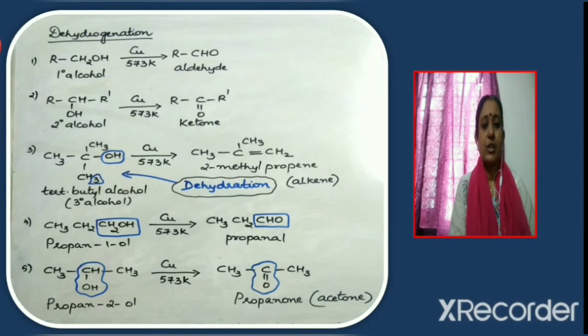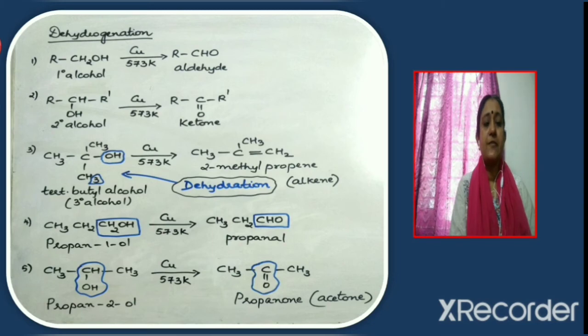Another reaction given by alcohols is dehydrogenation reaction, which is carried out using copper catalyst at a temperature of 573 Kelvin. A primary alcohol RCH2OH when heated with copper at a temperature of 573 Kelvin gives an aldehyde RCHO.